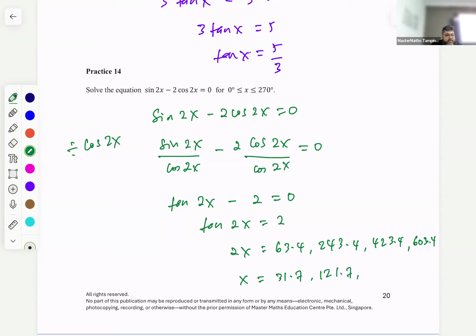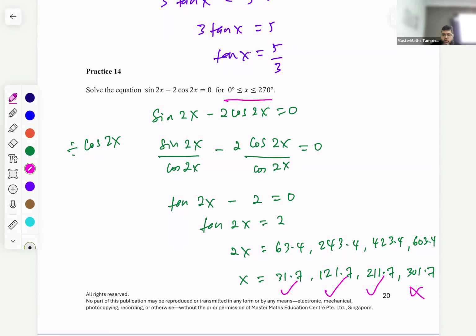Then you have 423.4 divided by 2, you get 211.7. And 603.4 divided by 2, you get 301.7. But you can see the range is between this. Correct or not? So I can take this, this, this, I cannot take this.